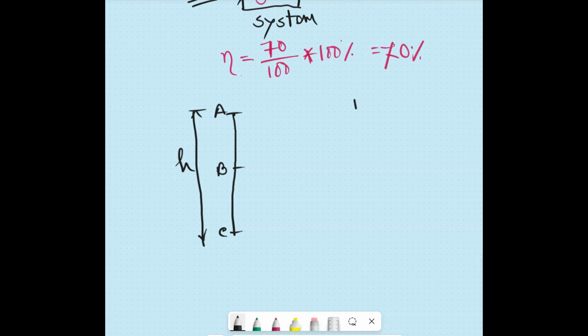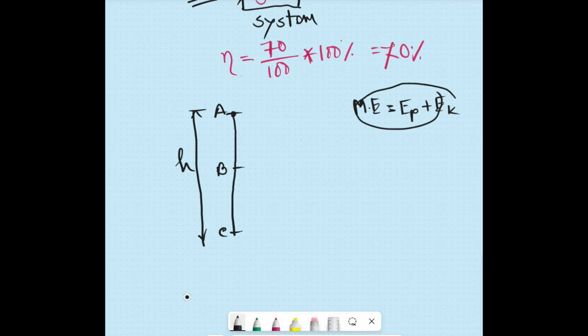This topic is mechanical energy, or the total energy. Mechanical energy, or the total energy, at any point or place, is the potential energy plus the kinetic energy. Let's give an example.